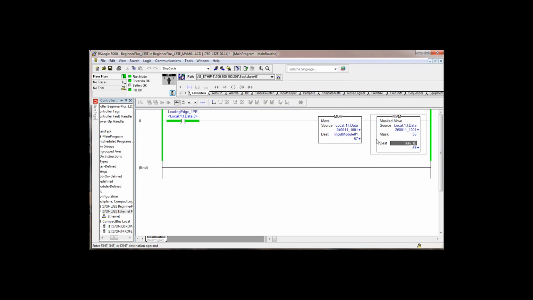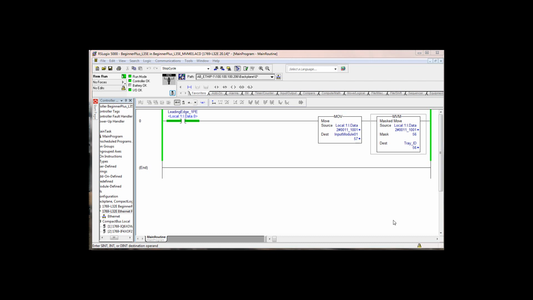So it is ignoring the first 3 bits. Now if I change any of the others, see, it changes both values. Okay, there you see an application for the mask move instruction.